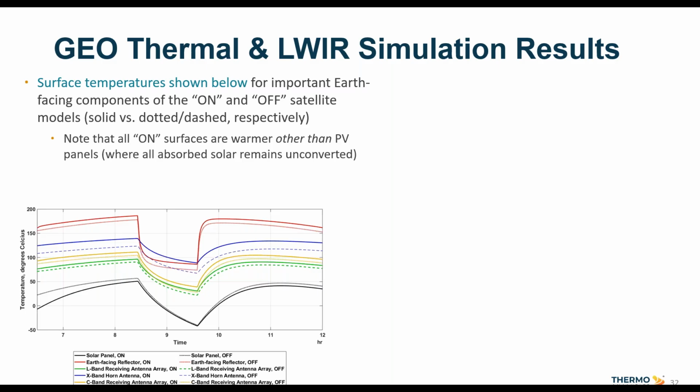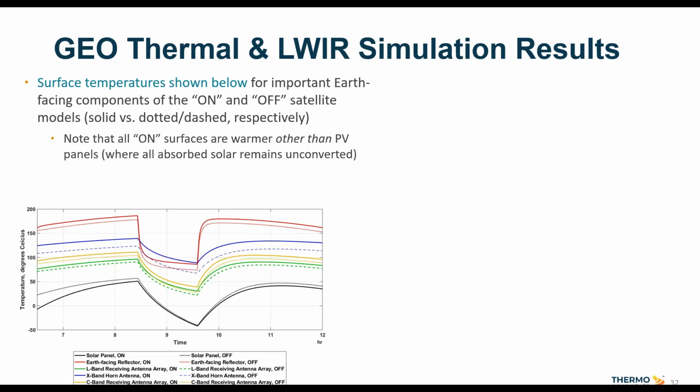So all the absorbed solar is going into thermal energy rather than electrical energy, and that is going to increase the temperature of those solar panels. That's why we see the temperature of the solar panels being higher for the off case, whereas all the other components, because they're being powered, are warmer when they're on, which makes sense.